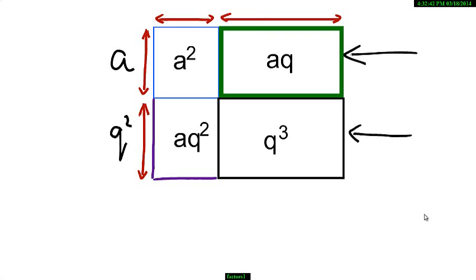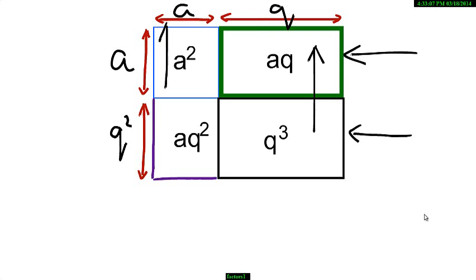Now observe the first column. What is the HCF between a square and aq square? Is it not a? Can you determine the HCF between the terms in the second column? aq and q cube, is it not q?